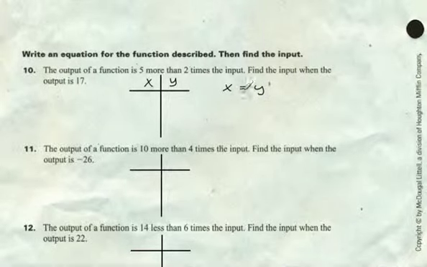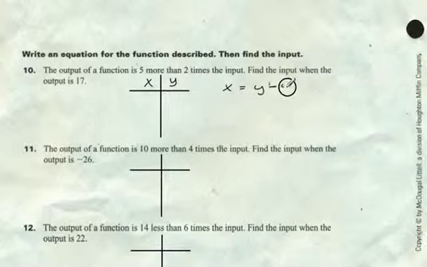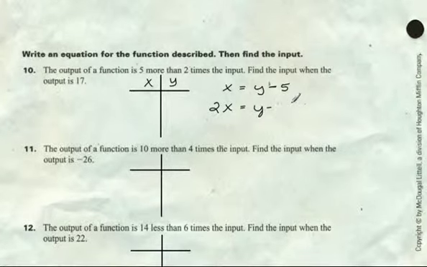Well, if we have to keep this equation equal, and this y is 5 more, then I'm going to have to actually subtract 5 from it. Okay, and I then know that this number here, y, is 5 more than 2 times the input. So if I take 2 times my input, which is x, and then I subtract 5 from my output, they're going to be equal.